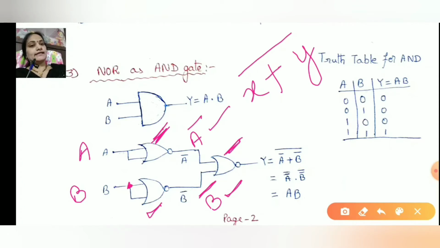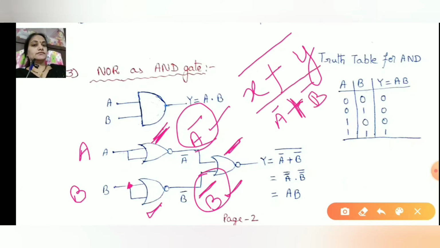Here X is A complement, Y is B complement. I am substituting the values of X and Y, that is, A complement plus B complement, whole complement.